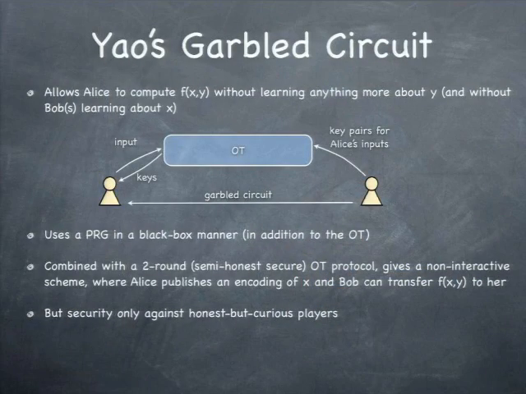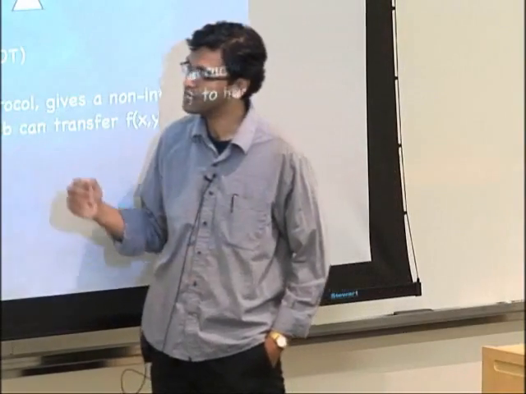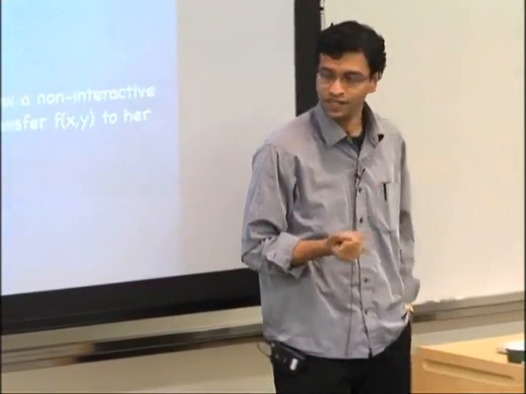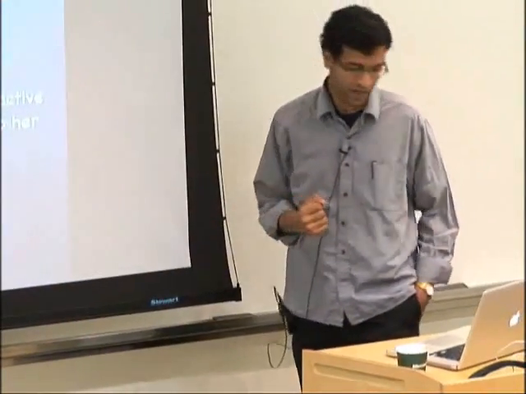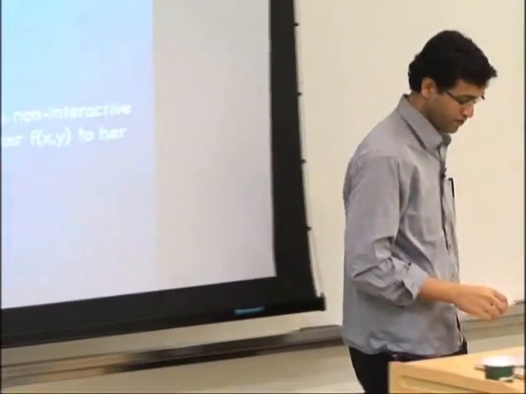The only disadvantage of Yao's garbled circuit is that this is secure only assuming the parties follow the protocol honestly. Okay, so security relies on the parties being honest. So then it guarantees that even if they are curious, they don't learn anything more.